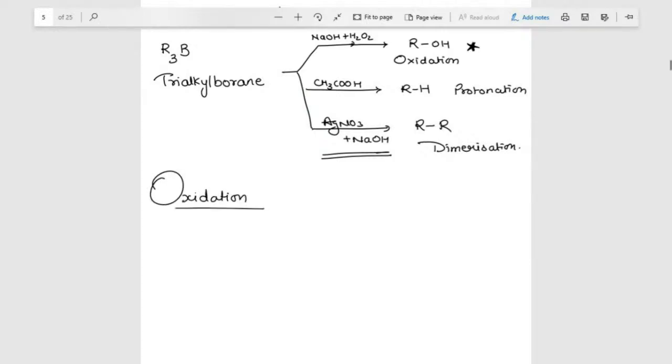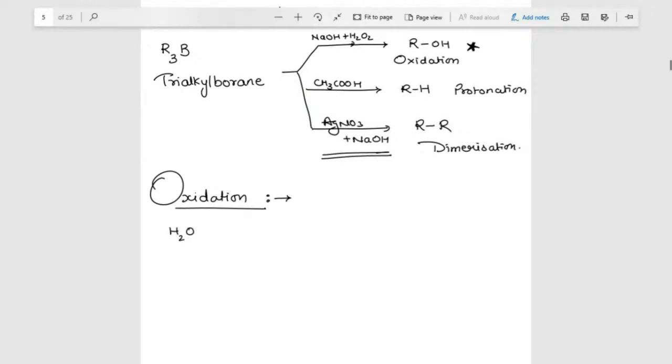As you all know, oxidation is either addition of oxygen or removal of hydrogen or removal of electron, or I can say increase in oxidation state. So here increase in oxidation state or addition of oxygen is the best definition that we can use, for carbon. Let us see how this oxidation happens.